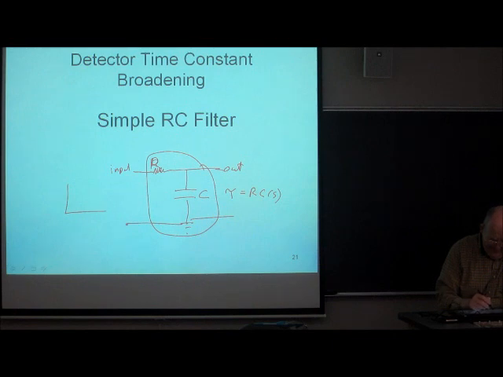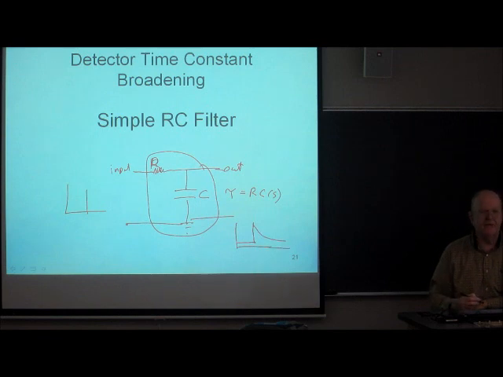So the signal going into this is going to look like that. What will come out of this is a signal that looks like that, and we can describe that signal as exponential of minus t over tau.